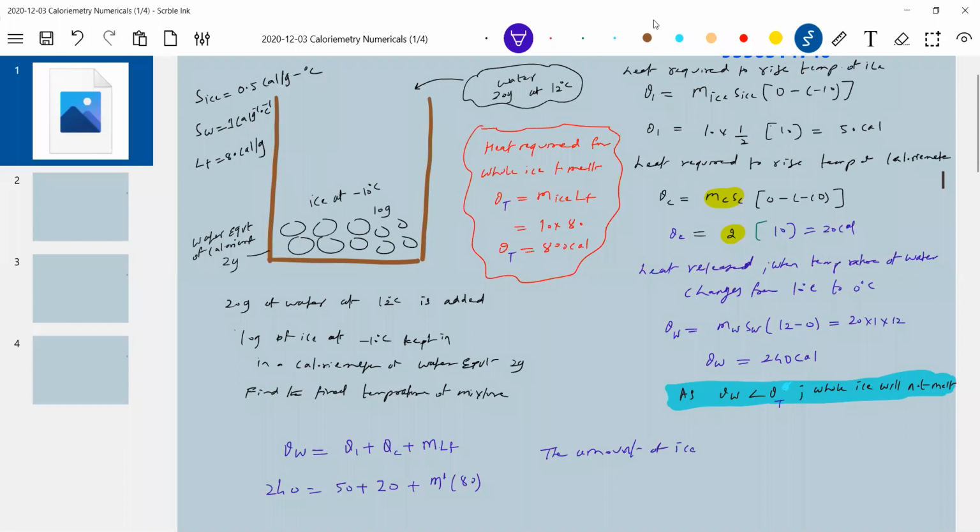The amount of ice melted, M dash, is equal to 240 minus 50 minus 20, divided by 80, which is 2.125. So 2.125 gram of ice will melt. The remaining amount of ice will be there in the container like that only.